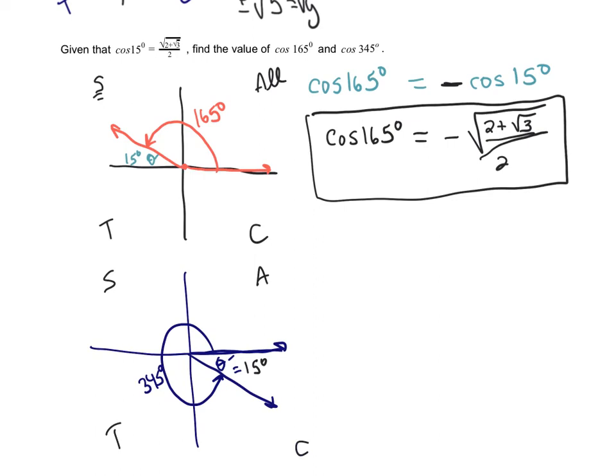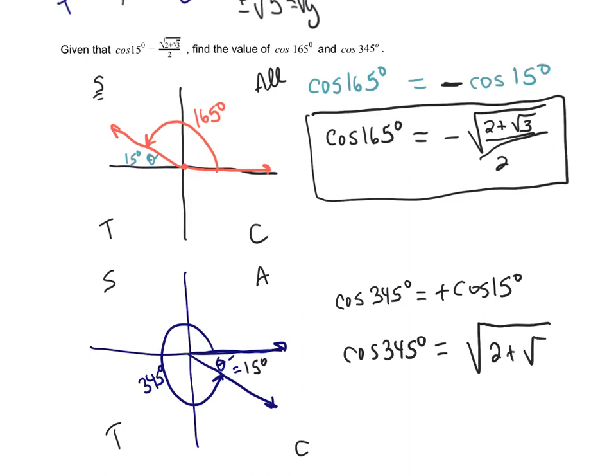So in this case, cosine is positive. So the cosine of 345 is exactly the same as the cosine of 15, which is its reference angle. Because again, cosine in this quadrant is positive. So the cosine of 345 degrees is equal to radical 2 plus radical 3 all over 2.